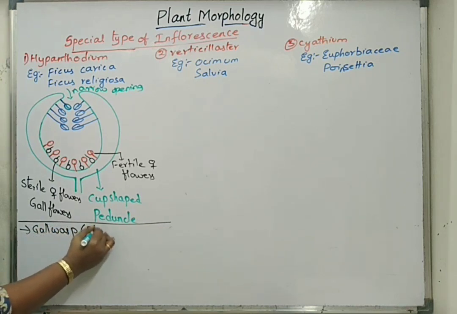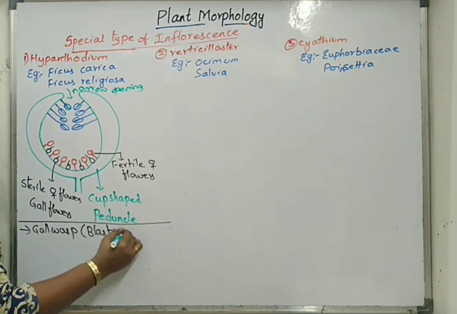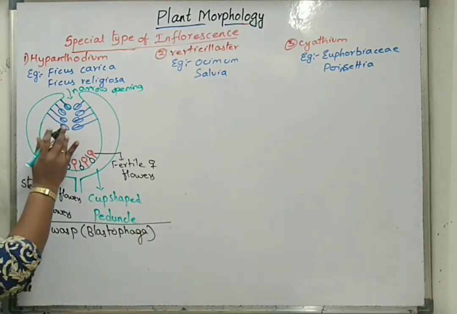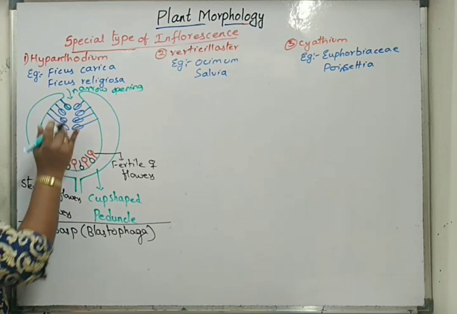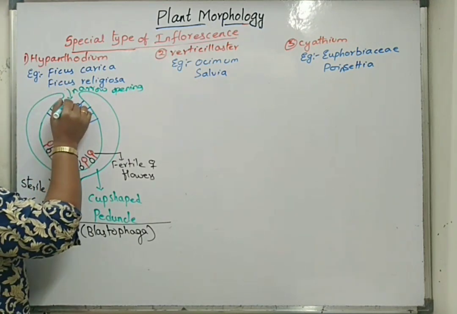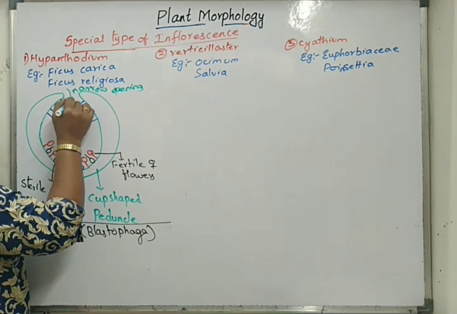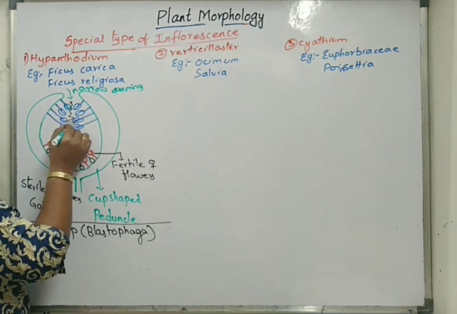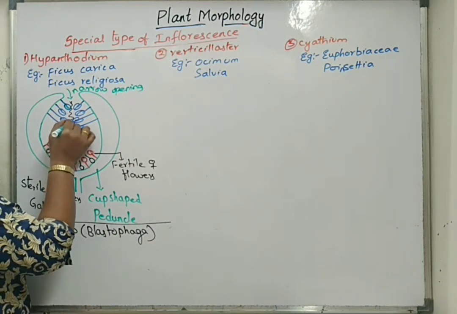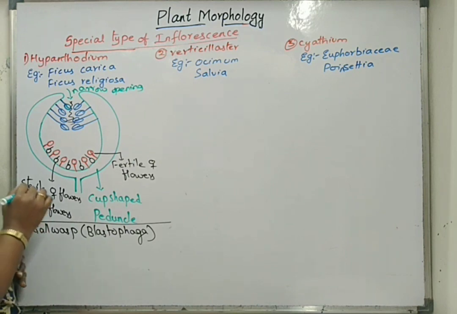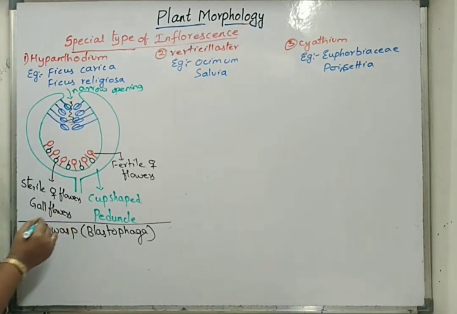It is also called Blastophaga. This wasp started entering into the Hypanthodium inflorescence. Since the opening or entry is very narrow, when the wasp is entering inside, the male flowers will get disturbed, so that pollen grains will be falling on the fertile female flowers and fertilization happens. But there are some gall flowers also.